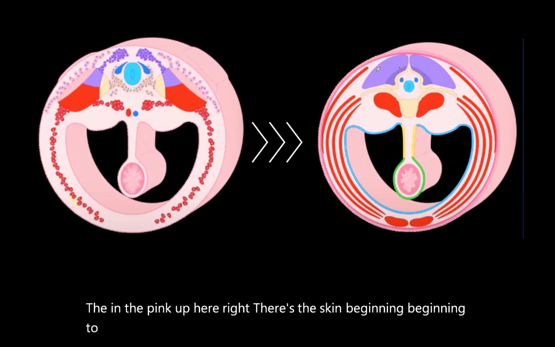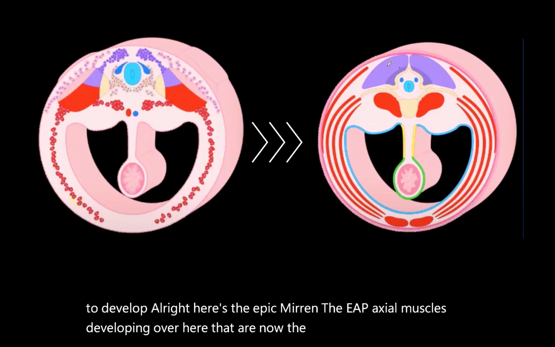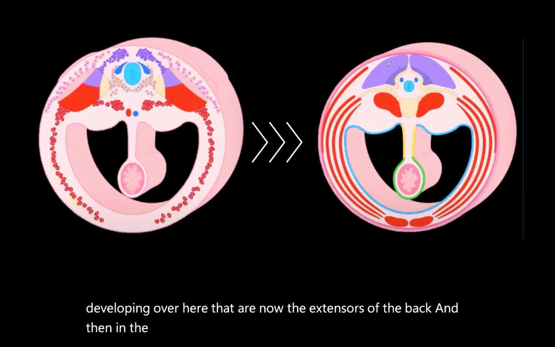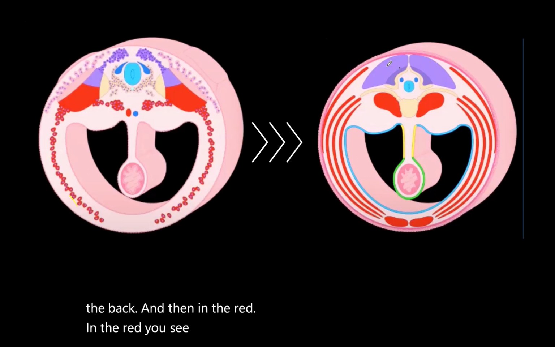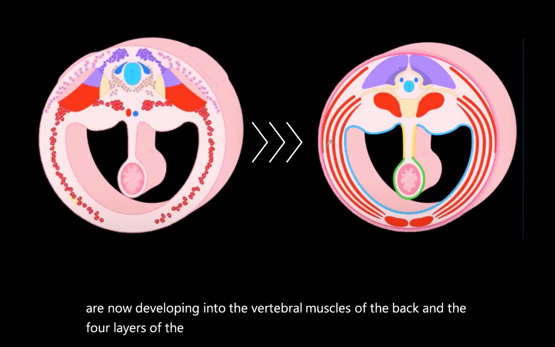Here's the epimere and the epaxial muscles developing over here that are now the extensors of the back. And then in the red, you see the hypomeres or the hypaxial muscles that are now developing into the vertebral muscles of the back and the 4 layers of the ventral wall.